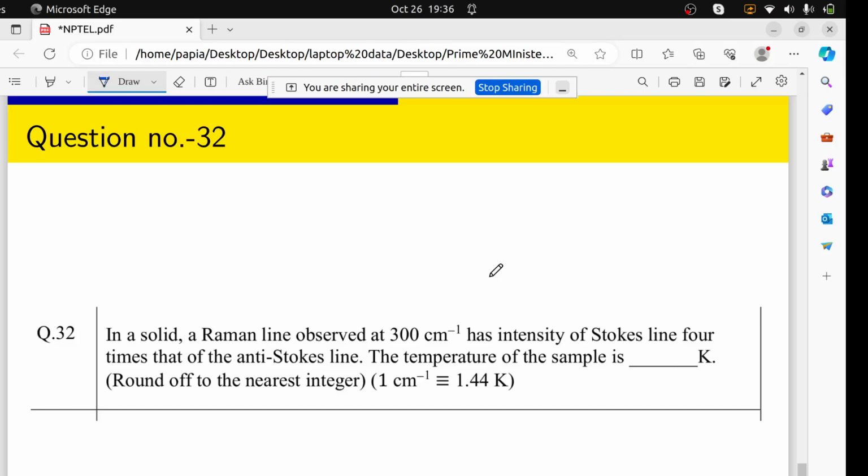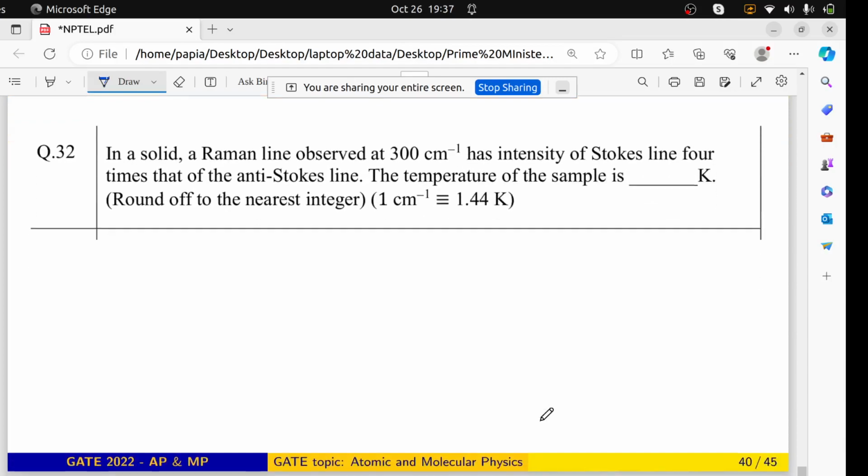The temperature of the sample is how much Kelvin? And they are telling that you have to round off the answer to the nearest integer. And it is also given that 1 centimeter inverse is equal to 1.44 Kelvin.